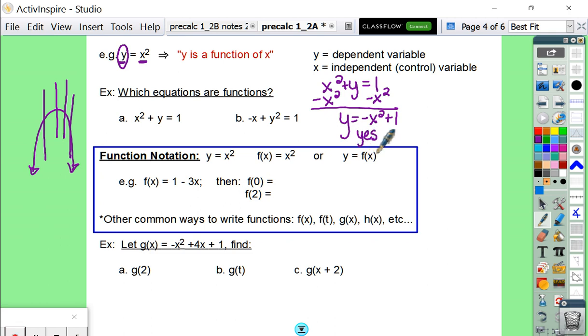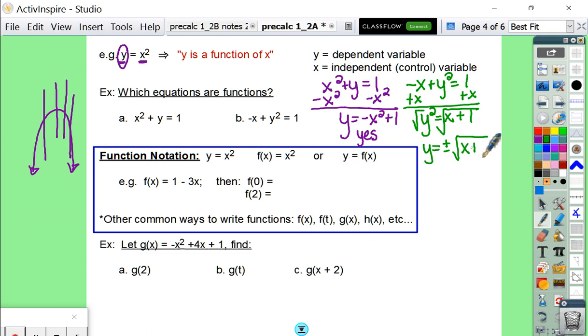But when I look at my next equation, negative x plus y squared equals 1, if I solve for y here, I'd have to square root to get y by itself. Now remember, when I square root, I have to do plus or minus.